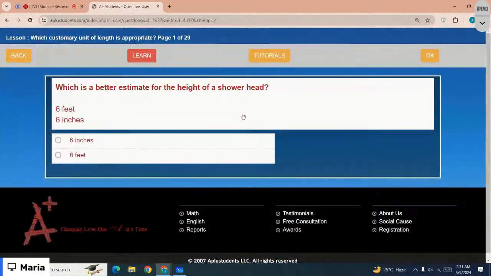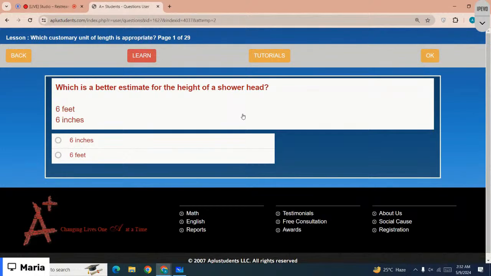So feet and inches, they both are the units we use to measure length. But inches is a smaller unit and feet is a longer unit, right? So that is just a shower head. So it must be 6 inches.